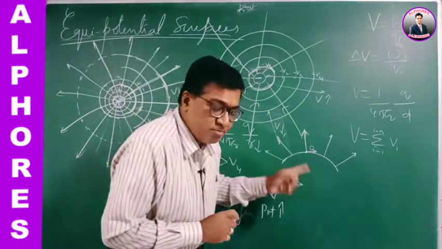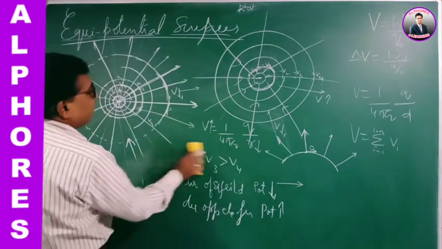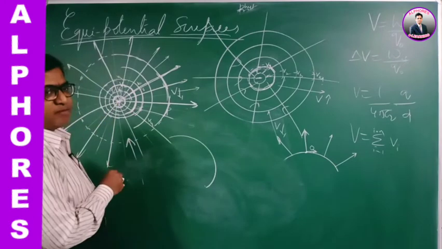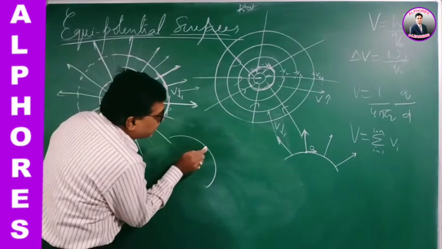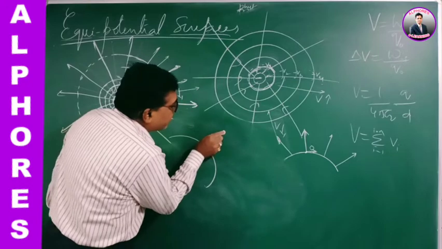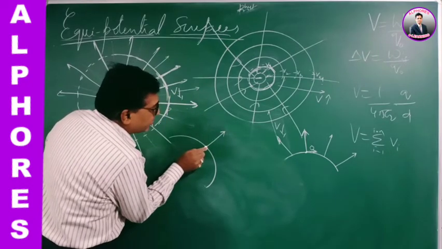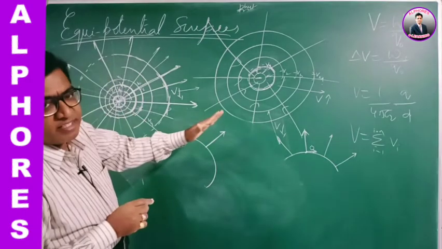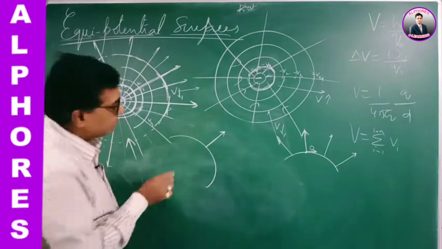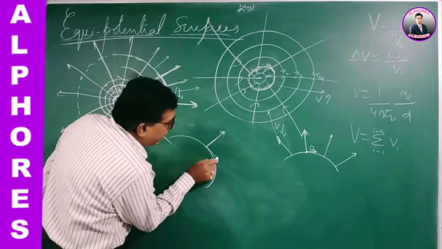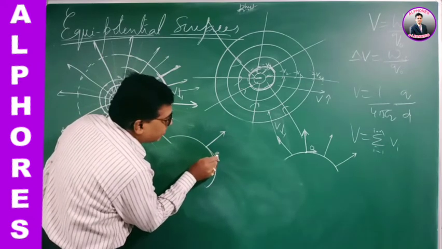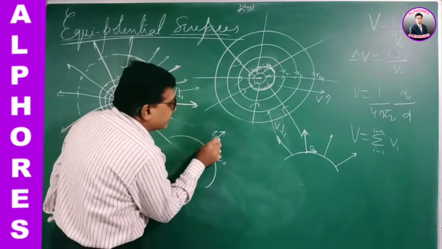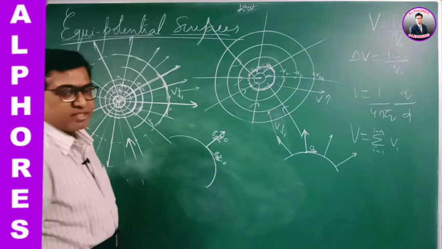This implies that on any equipotential surface, at any point, the electric line of force is perpendicular to the surface. So the electric field has only a perpendicular component at that point on the surface.